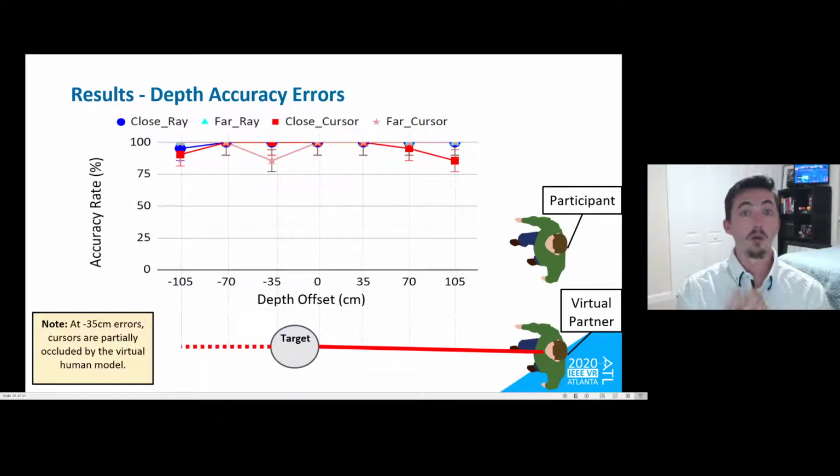Again, at 0, they're at 100% accuracy, and at minus 35 centimeters for the cursor visualization specifically, that cursor is actually shown right behind the target. So it's just right behind them. The participant has a really hard time seeing that particular visualization, which is why we see that spike in accuracy rate at minus 35.